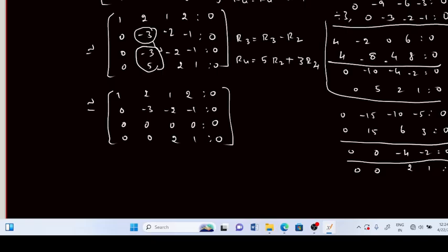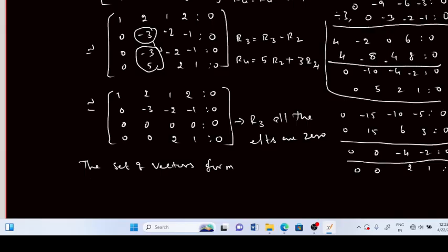Here one row is 0. In R3 all the elements are 0, so we are getting linear dependence. The set of vectors forms a linearly dependent set.